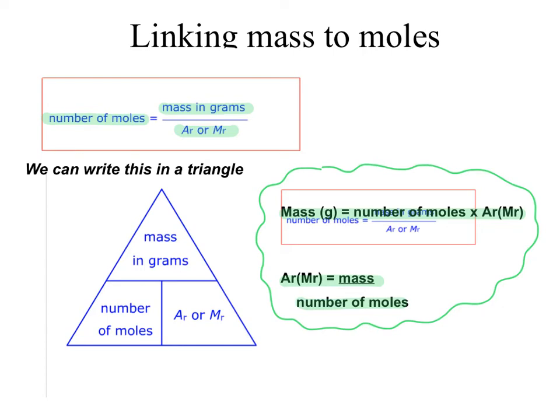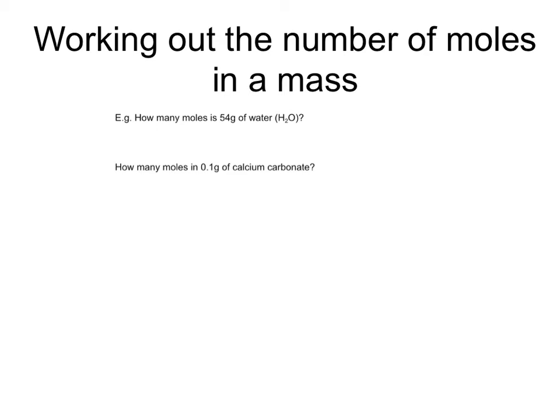Now, if we look at examples, we're asked at the bottom of page 134, how many moles are there in 54 grams of water? Remember, the number of moles is the mass divided by the MR. I need to work out the MR of this water.